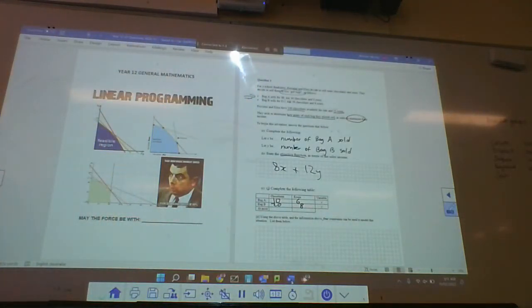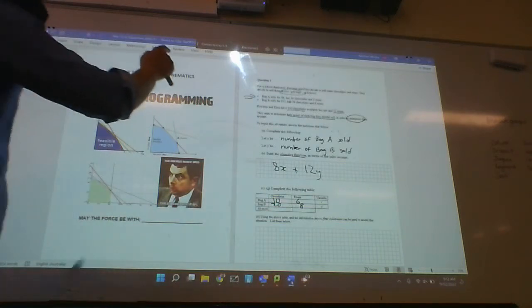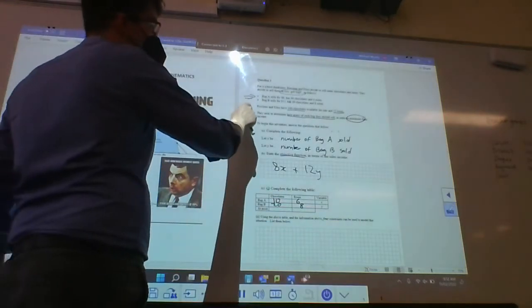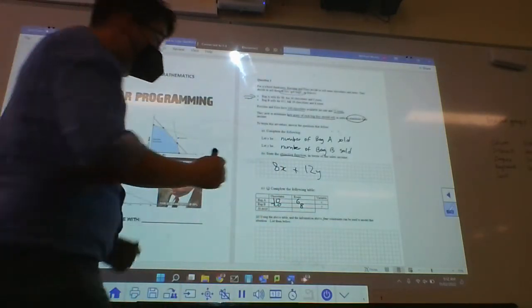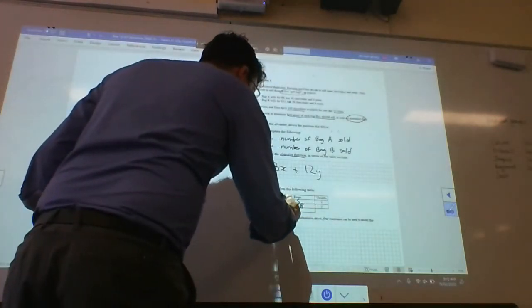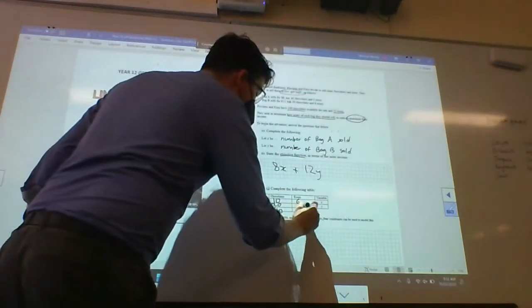And what's our limit there? Elijah, how many chocolates do we have to sell? Have a look. It's up in the top part of our information here. So at most, 140 chocolates, and at most, how many roses? 72. Okay.